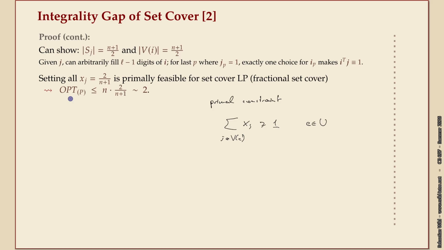And so the optimal objective value will just be n times for covering all the elements. So it should be the number of sets, right? Why is this n times? I think this should be the number of sets because we're just summing up all the variables. So it's even slightly better.